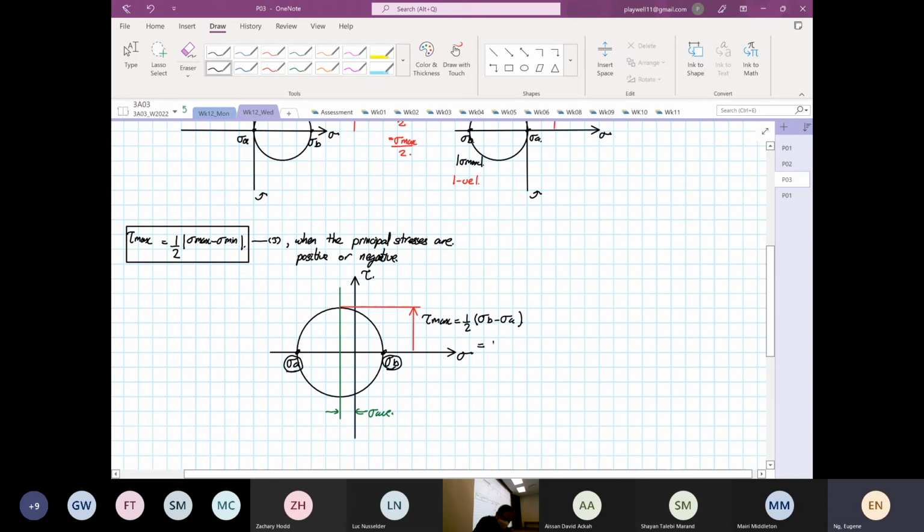So this will be half of maximum minus by minimum. Okay. But as I said, the shear stress, we are only looking for magnitude. Okay, we're not concerned with the direction. So when there's a case, it's half absolute value stress max minus by stress min.